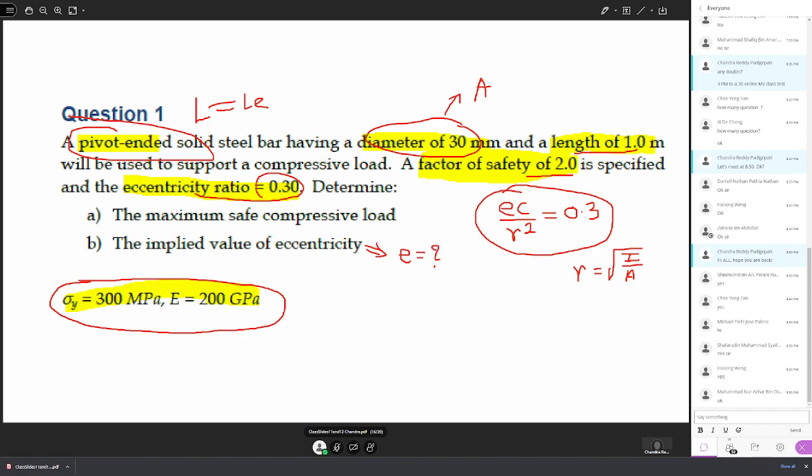The value ec over r squared is given, so calculating e simply requires you to calculate r and c. In this case, because the cross section is a circle, c will be half of the diameter. From the neutral axis, the maximum distance on the cross section will be half of the diameter. So c will be 15 mm.